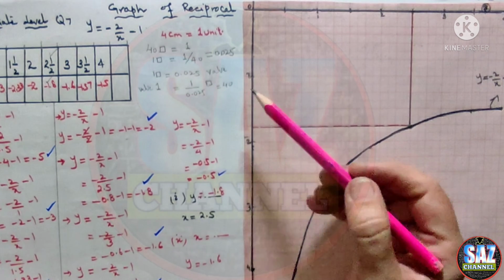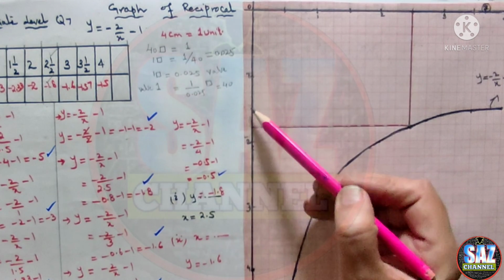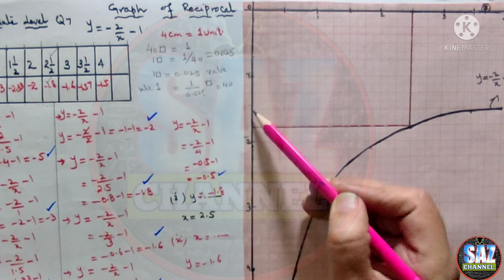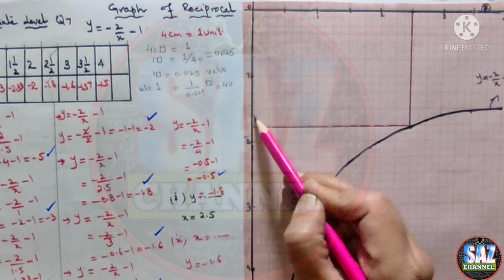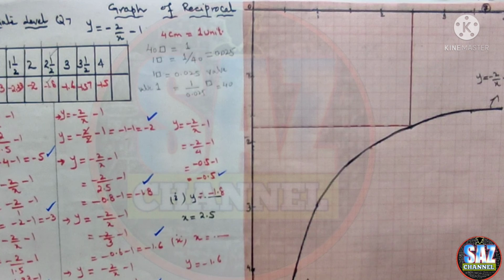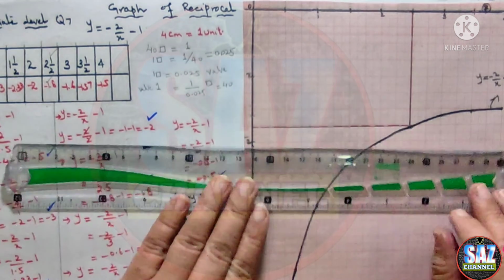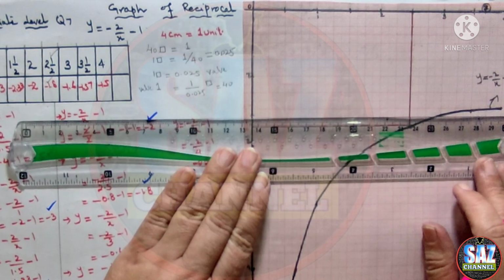I have to move 64 blocks down. This is 40, this is 50, this is 60, and this is the position for the 64th block. Let me see what the value of x is at the 64th position.